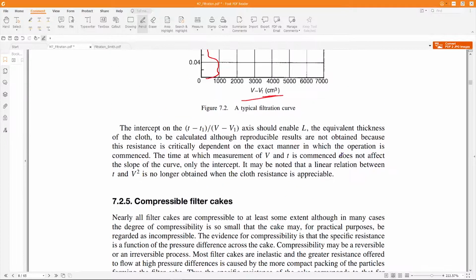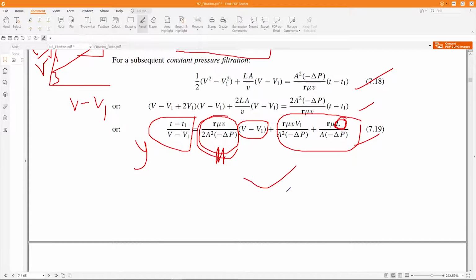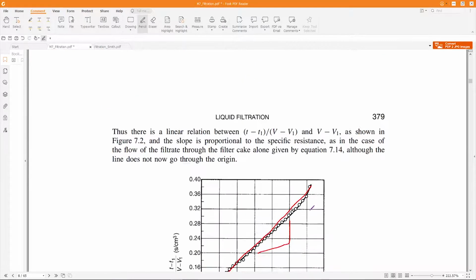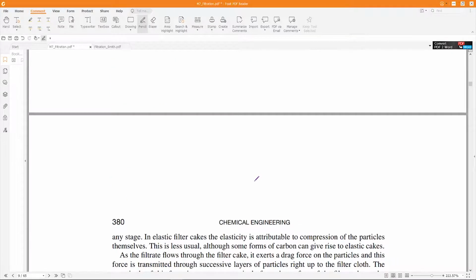Now this was for incompressible cake. For incompressible cake, the cake resistance does not depend upon the pressure. But for compressible cakes, it depends upon the pressure, as we discussed earlier.